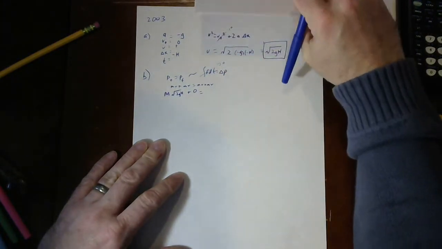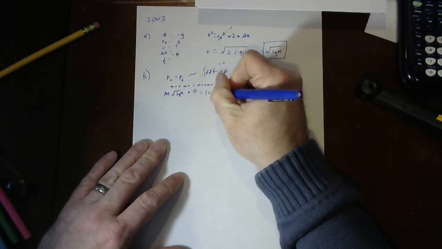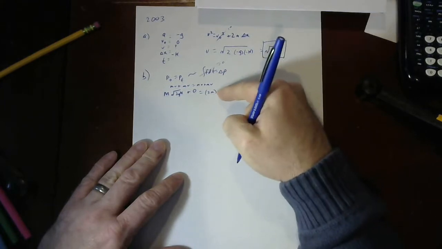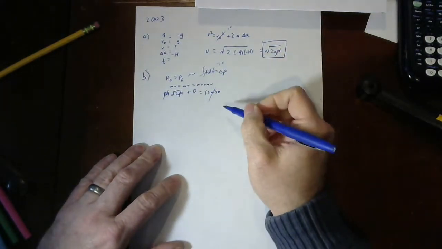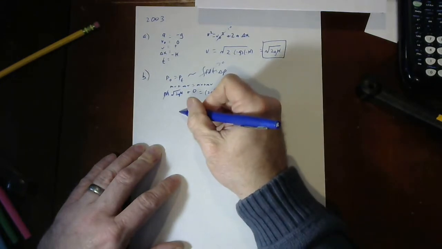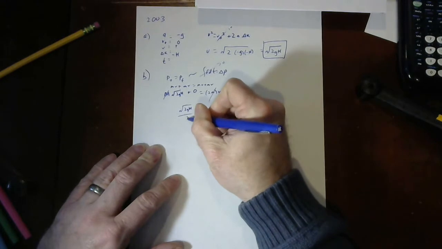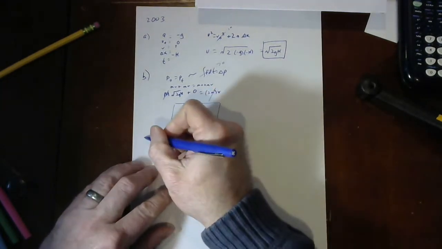That's the speed we're trying to find, the speed after the clay hits. The mass is going to be 2m, the pan plus the clay, times that final velocity we're trying to find. So now I'll just say, look, I have an m in every term. Move the 2 over. I'm going to have root 2gh over 2 is going to be that v after the collision. All right, part C.